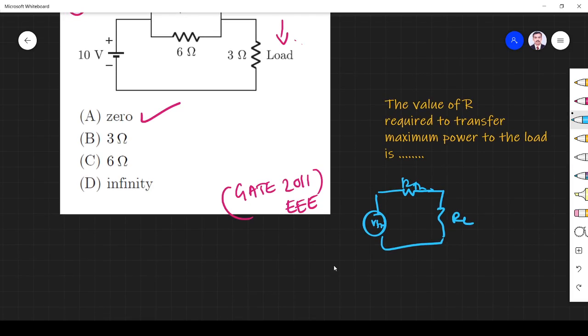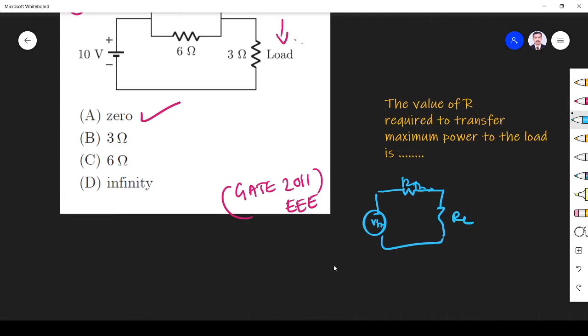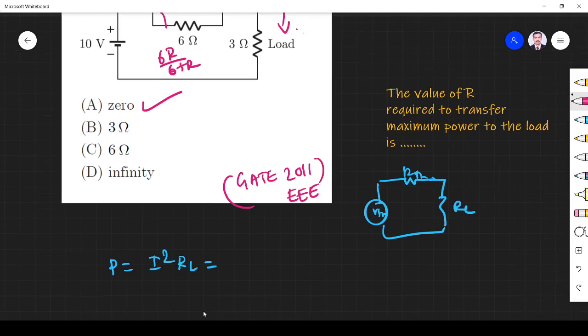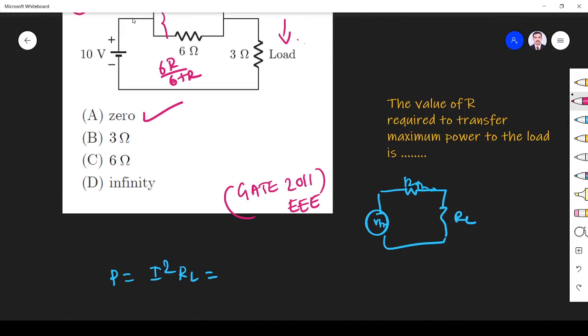First I minimize this. How am I going to do it? Power delivered to the load is P = I squared into RL. What is the load here? The equivalent resistance is 6 into R divided by 6 plus R, since these two are parallel. What is the current flowing through the circuit?